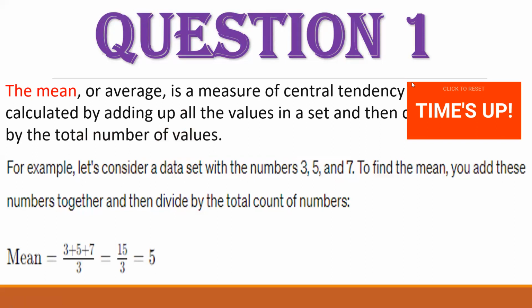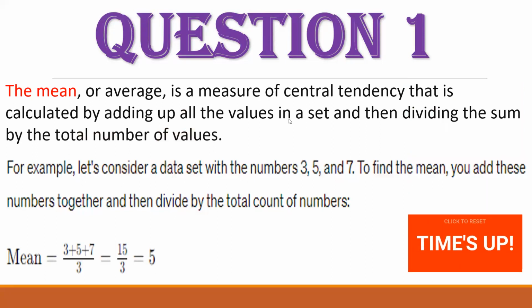Whatever numbers you have, if you take the average of all of them, you get the mean. So how can we get the average? You add all the numbers you have and divide by how many numbers you have. This is our example here.